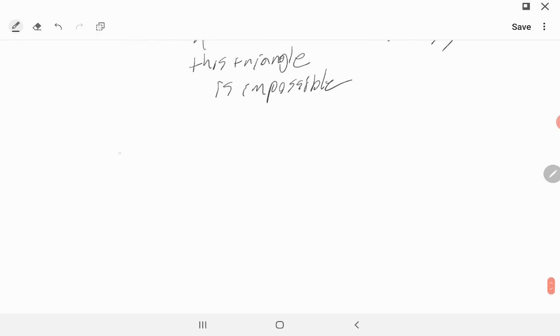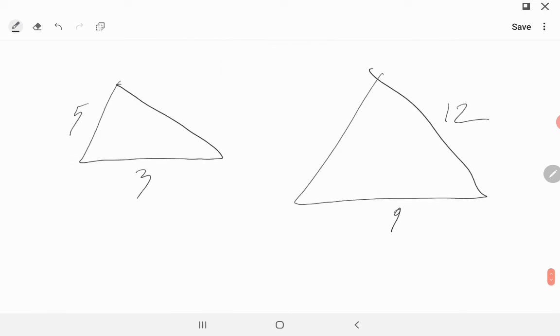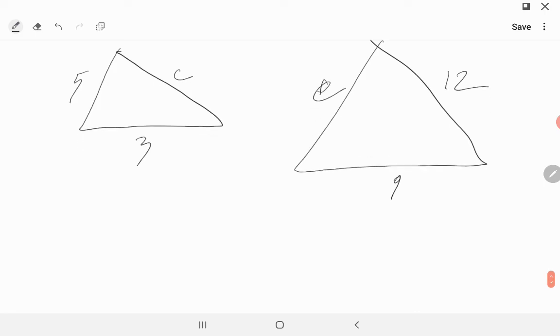So just see a similar example where it will work. If we had something like 12 and 9, and we had, let's make it 3 and 5. This should work out okay for us. We'll just make this C and E. So we notice that C divided by 12 has to equal 3 divided by 9.